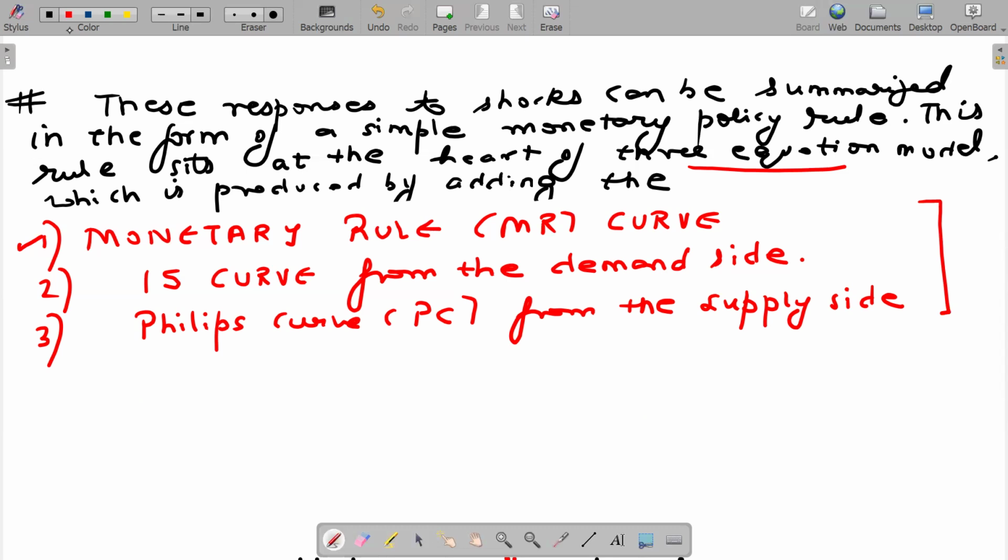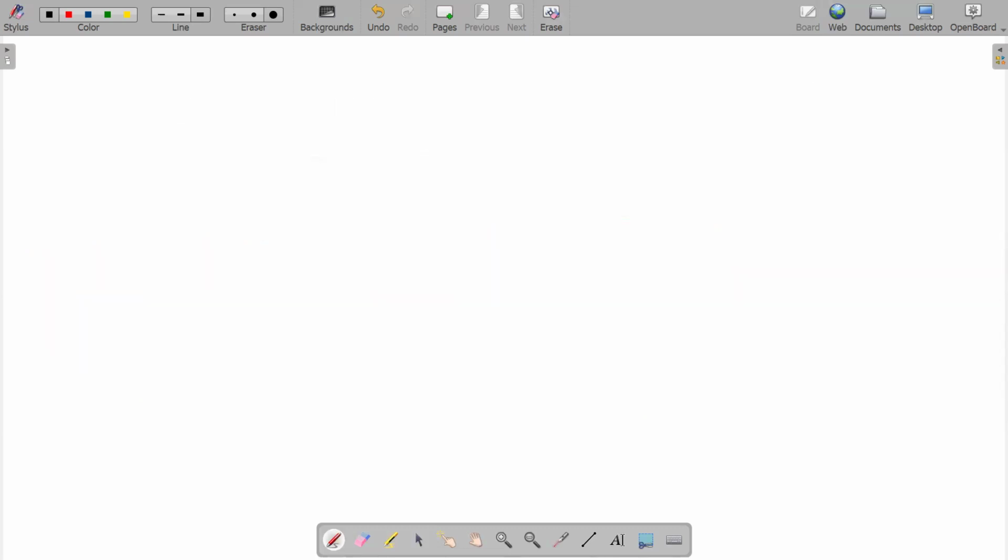Okay, so now I'm going to go into the depth of those three questions which the central bank has to ask. First of all, let's look at what the central bank is trying to achieve.